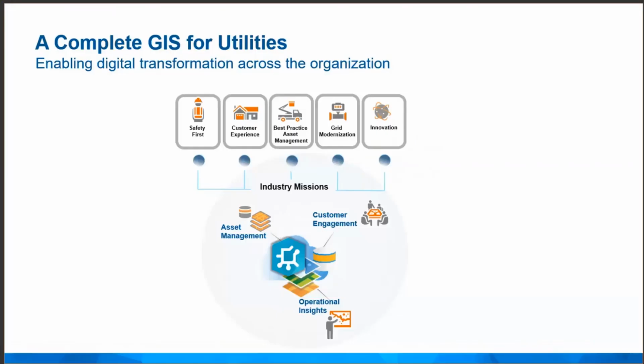As you probably know, core drivers of a utility are always going to be safety. Safety comes first. Reliability, customer service, grid modernization, asset management, and innovation. And all those things are integrated, and Esri is here to provide solutions for all those drivers of a utility using the ArcGIS Enterprise.